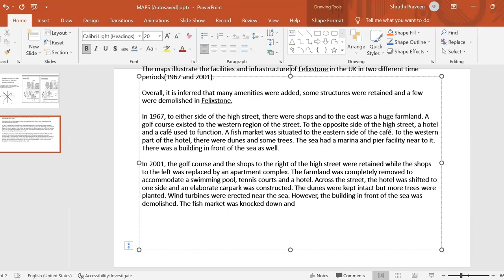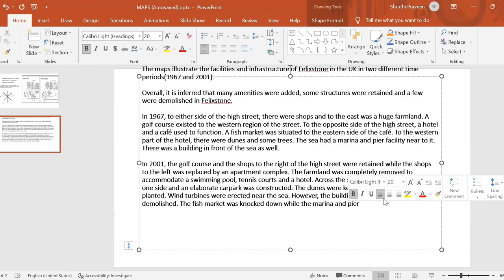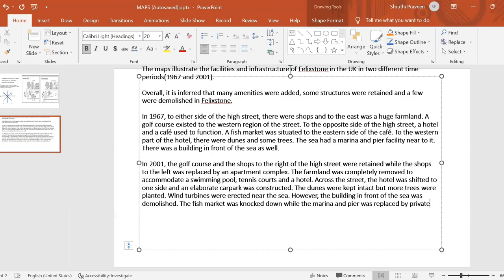While the marina and the pier were replaced by private and public beach.